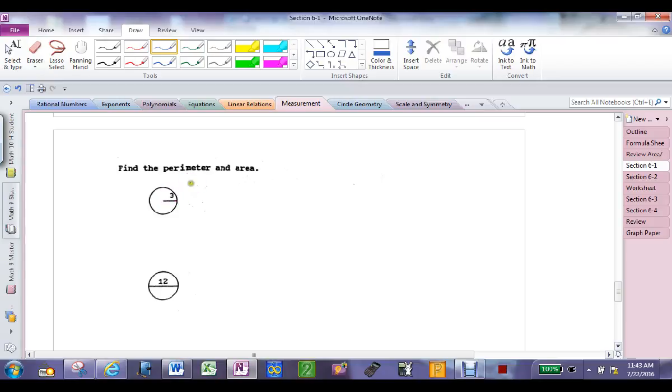When you get to circles, remember, pi equals circumference divided by diameter, right? Perimeter is the circle's circumference. So if I want the perimeter, the C's got to be by itself, doesn't it? So what math would I do here to get C by itself? You would multiply them both by D to get C alone.